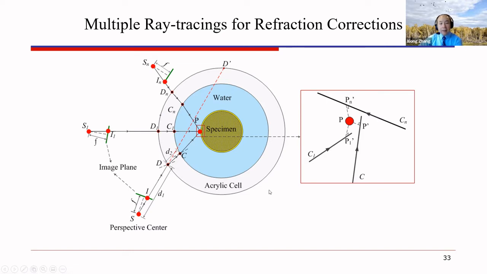So this is just advanced mathematics, right? And then you can find out what the outgoing ray is, because you know the refraction index for the acrylic cell, right? So as a result, you know the point, and you know the direction of the outgoing ray.